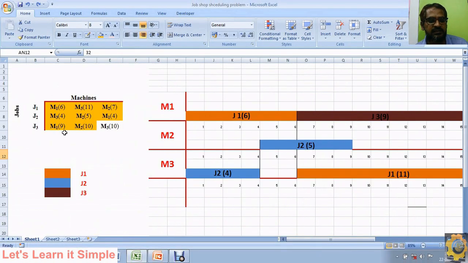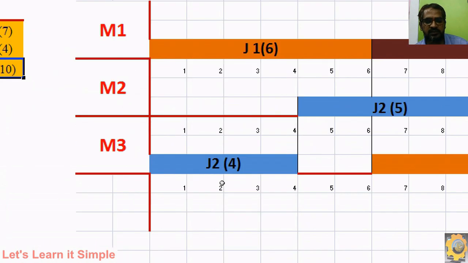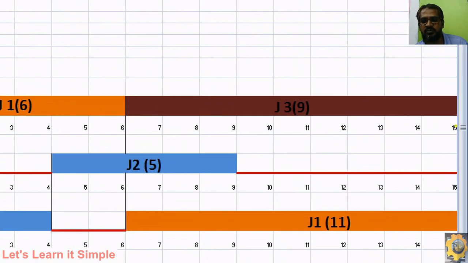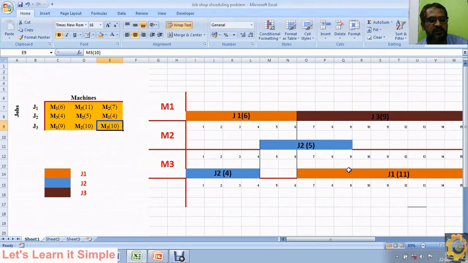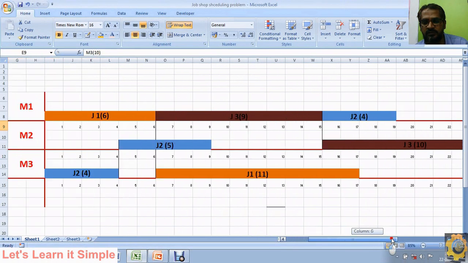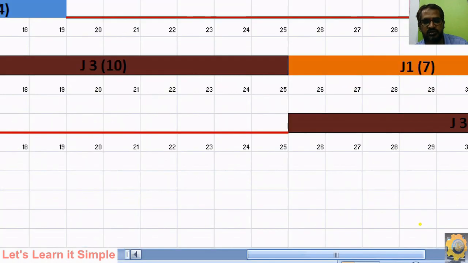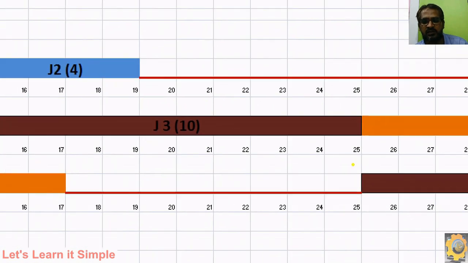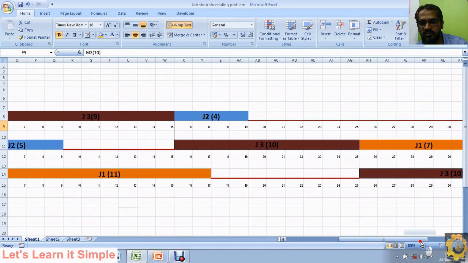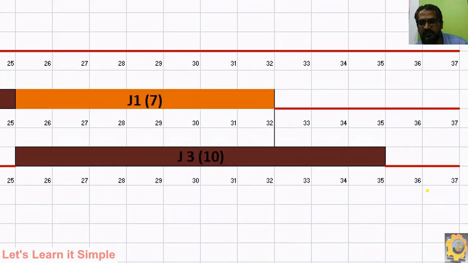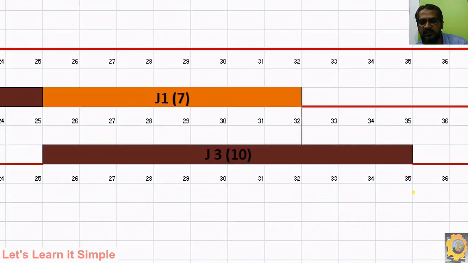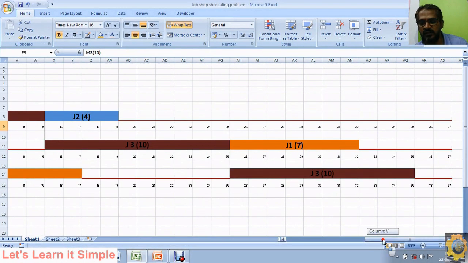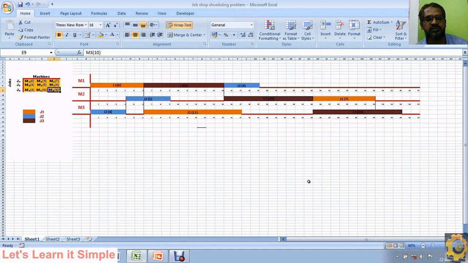Now if you take the third job, it starts at machine 1, taking a time unit of 9, then machine 2, another 10, then machine 3, another 10. So you can see at the 35th time unit, all the 3 jobs are done in all the 3 machines.